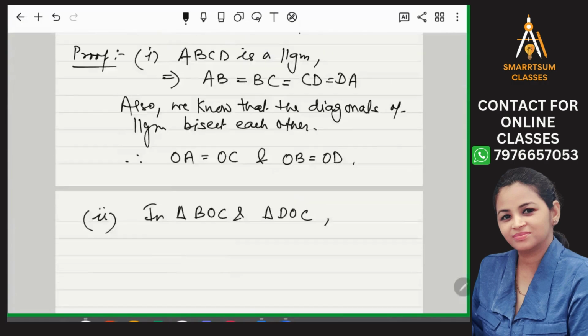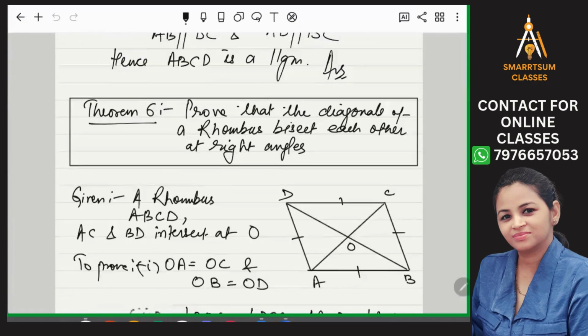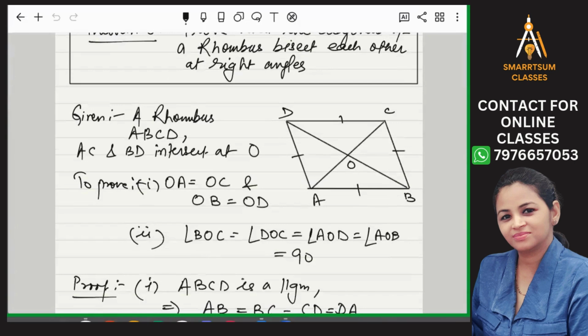We have OB is equal to OD, right? OB is equal to OD. This we have already proved equal, right? In the previous part, BC is equal to DC. BC is equal to this DC. This is already given because this is a rhombus, right? Okay. So these two sides we already know. We already have in these two triangles that they are equal, right?